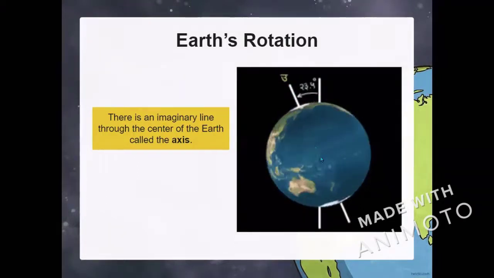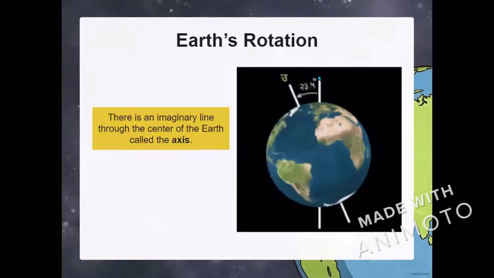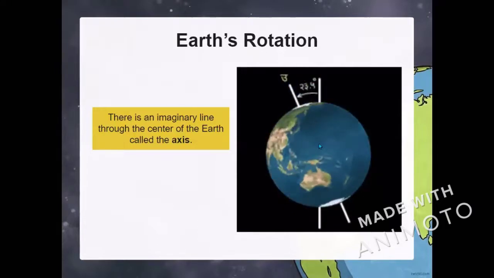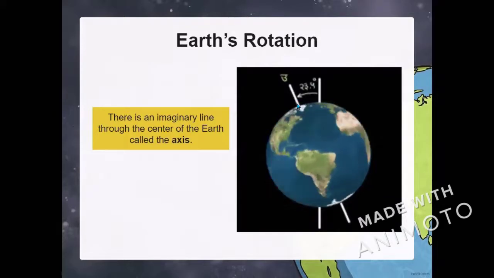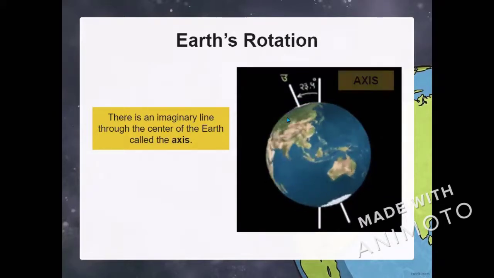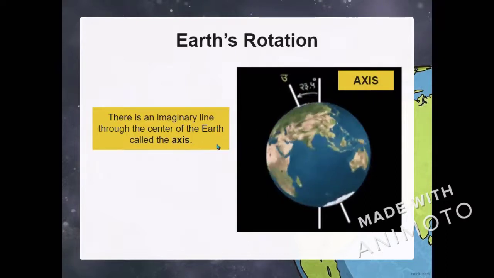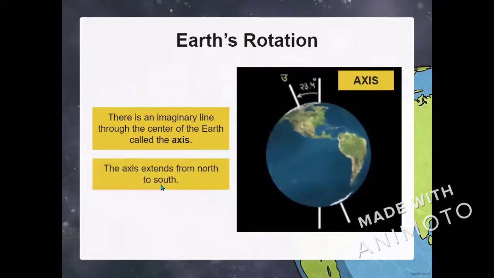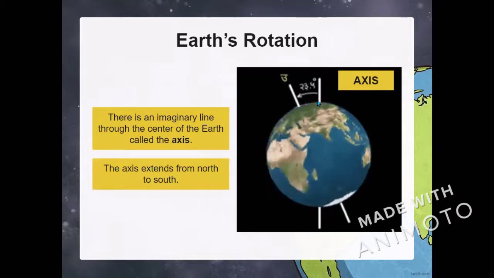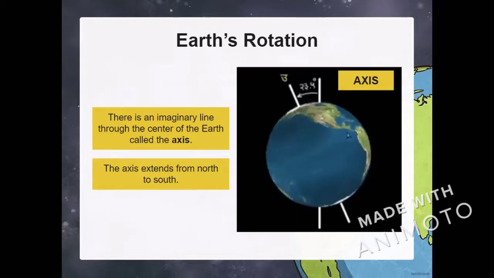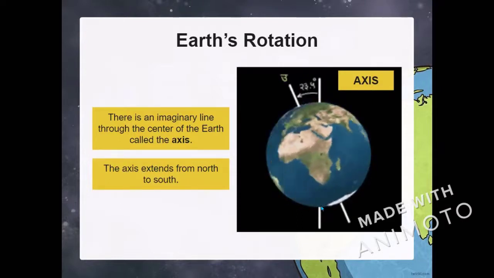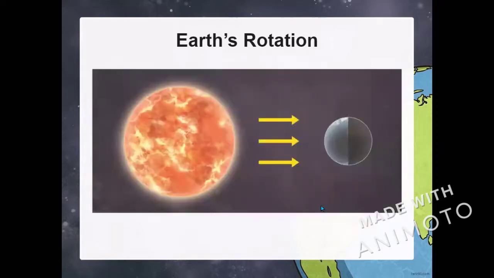You can see here it is not straight, but tilted. But remember, it's imaginary. And the name is called axis, as I mentioned here, right? And the axis stands from north to south. Perfect.